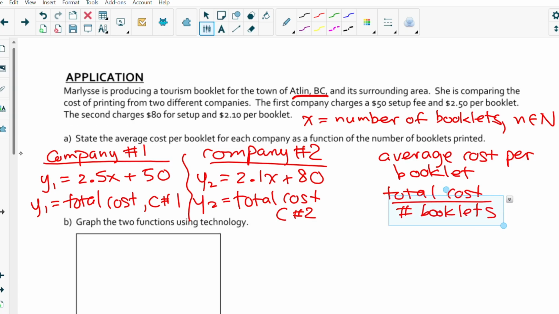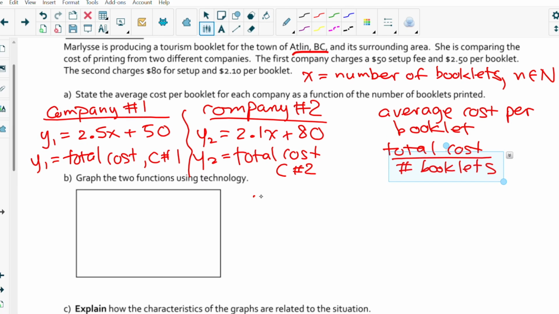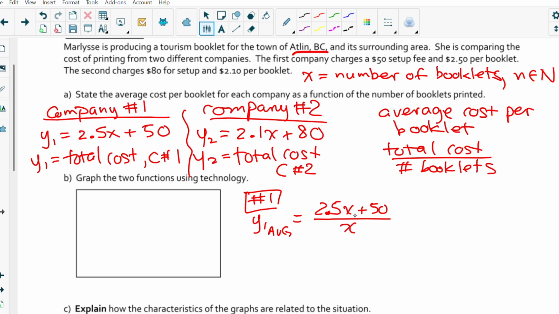Which in this case, for company number 1, is y1 average equals 2.5x plus 50 divided by x, the number of booklets.